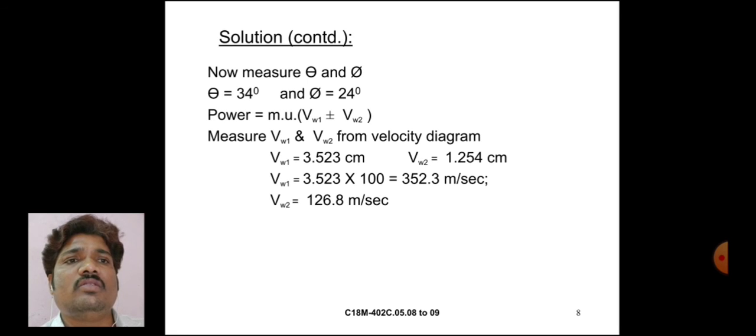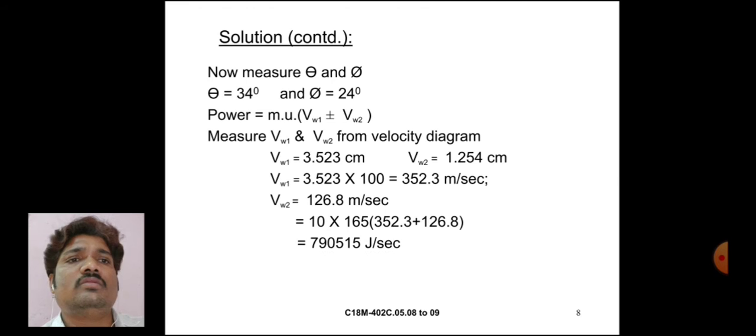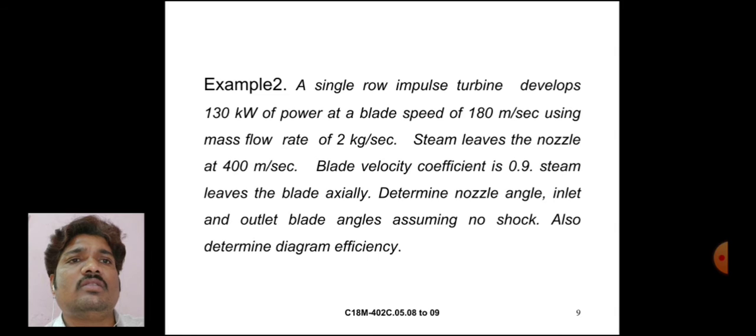Vw2 is equal to 126.8 meters per second. Power is 10 into 165, into (352.3 plus 126.8), which is 790,515 joules per second. P is 790.515 kilowatts.